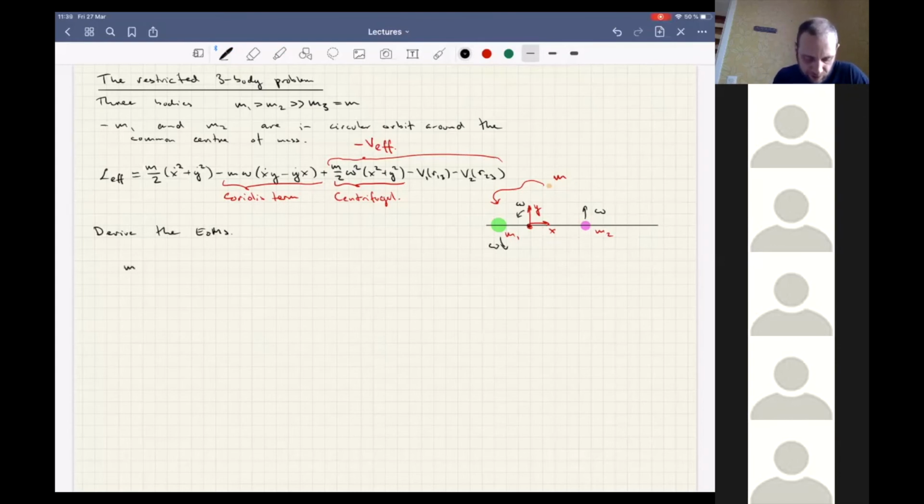What results is that in the x direction we get m x double dot equal to 2m omega y dot minus dx acting on this effective potential. And a similar thing for the y coordinate. So m y double dot is equal to minus 2m omega x dot, because we had the difference in sign in this Coriolis term, minus dy acting on the effective potential.